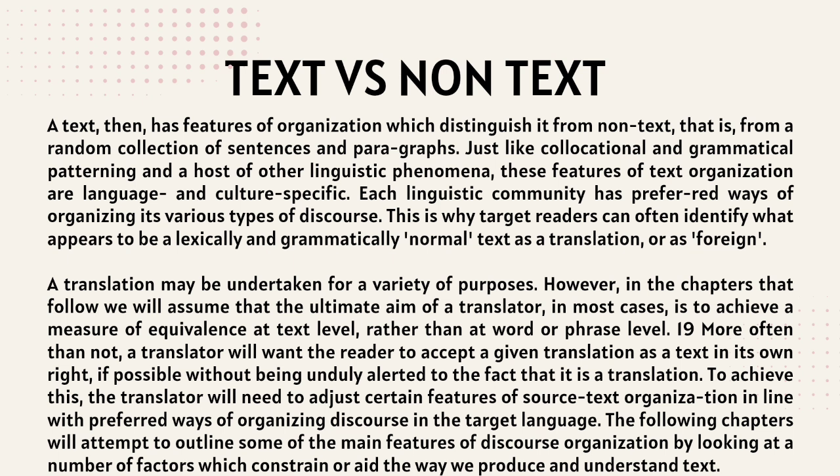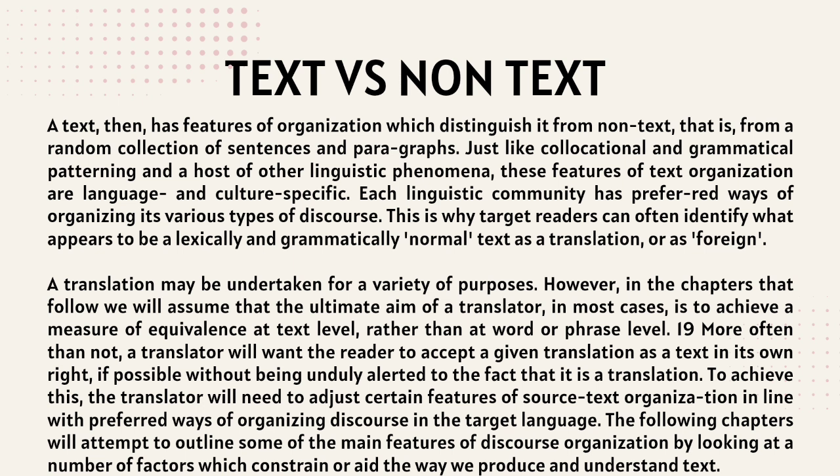A translation may be undertaken for a variety of purposes. However, in the chapters that follow we will assume that the ultimate aim of the translator in most cases is to achieve a measure of equivalence at the text level rather than at word or phrase level.